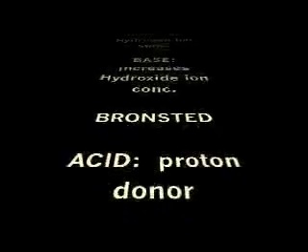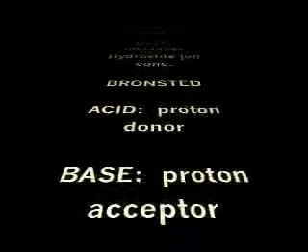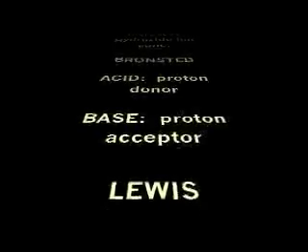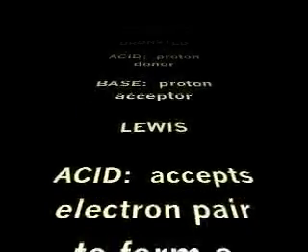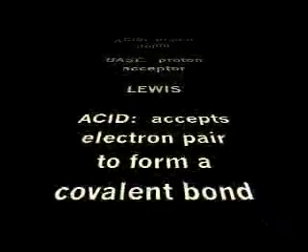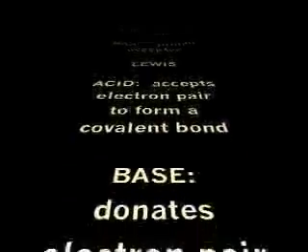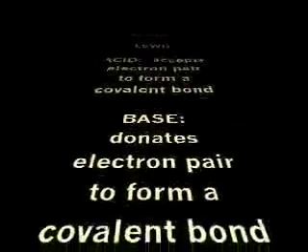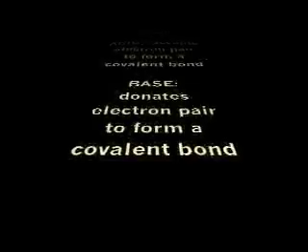Bronsted: acid is a proton donor, base is a proton acceptor. Lewis definition: acid accepts an electron pair to form a covalent bond, base donates an electron pair to form a covalent bond.